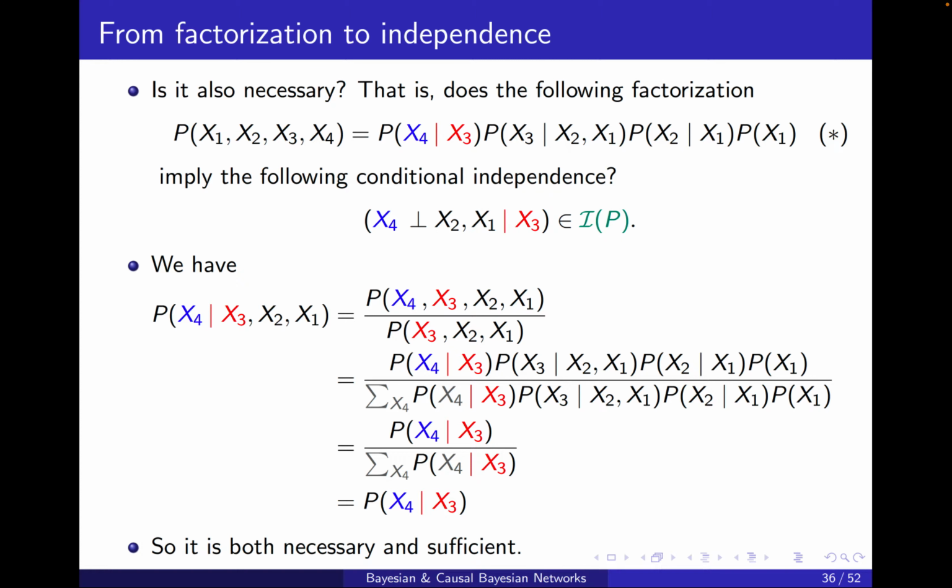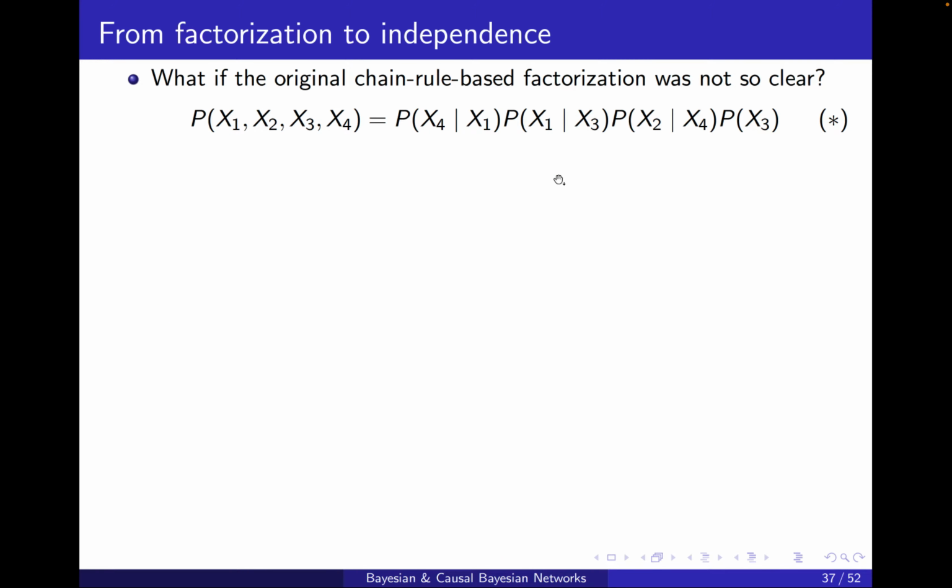Now, can I use the same procedure to find the conditional independencies of any arbitrary factorization? Well, it's not that straightforward. For example, in this case, we don't have the CPD starting from x1, it's from x3, and it may not be clear what the right ordering of these is. So in this particular case, the original chain rule based factorization doesn't start from x4.